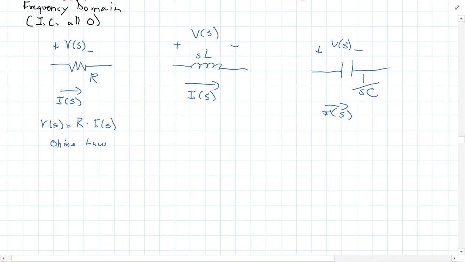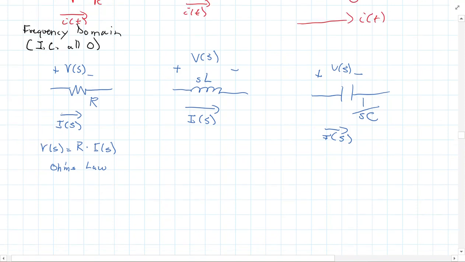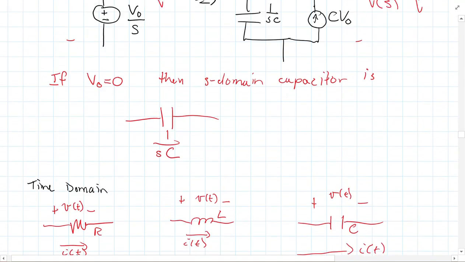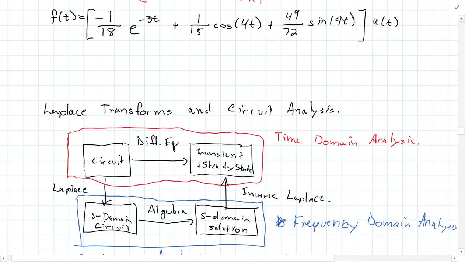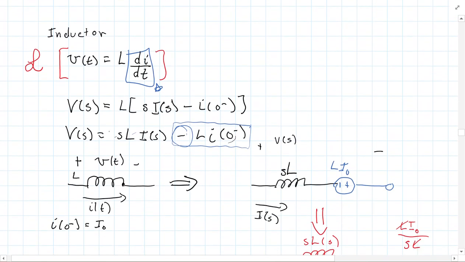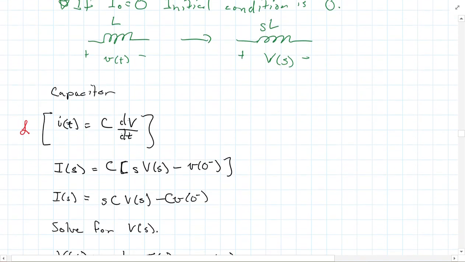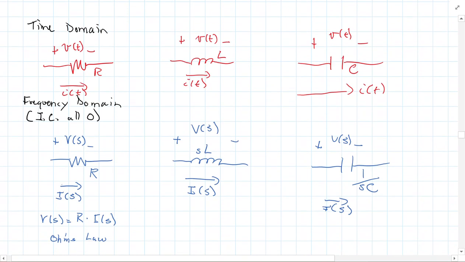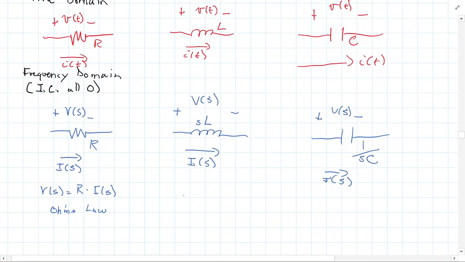Right? Our standard Ohm's Law. Now, if we scroll back up here on some of the previous ones, remember we had V at S is equal to SL times I at S. So if we go down here to where we are, what we have now is that V at S is equal to S times L I at S. But now look at this.